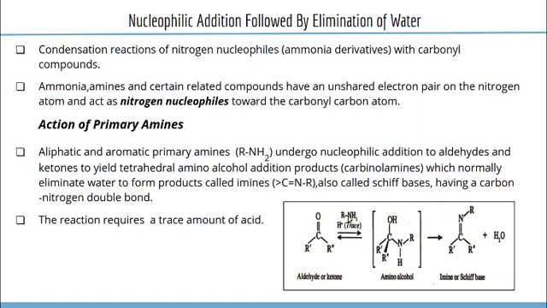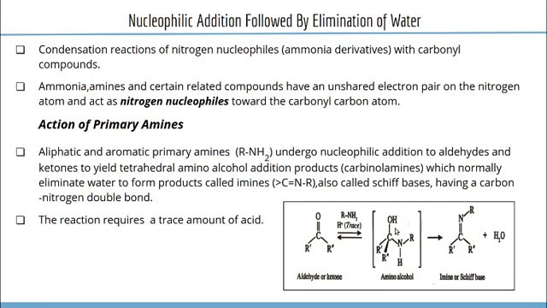So we will get a structure like this, known as carbinolamine or amino alcohol, with C, OH and NHR attached to the carbon.